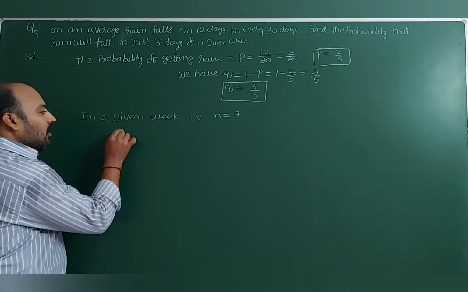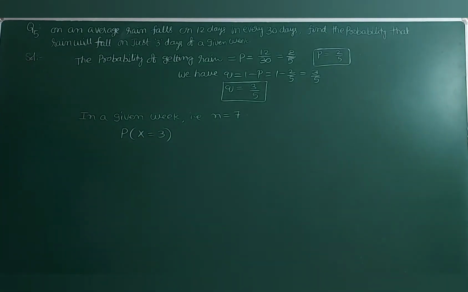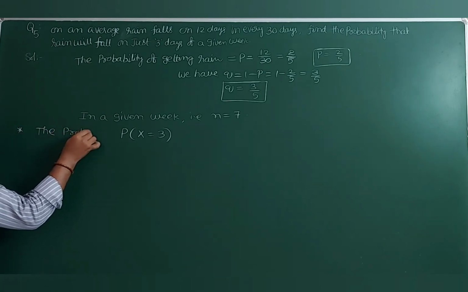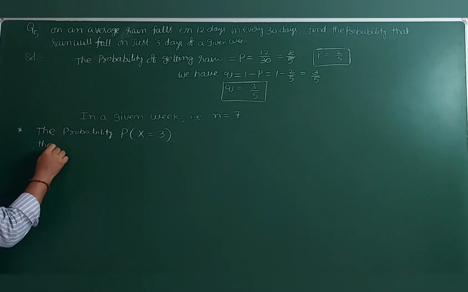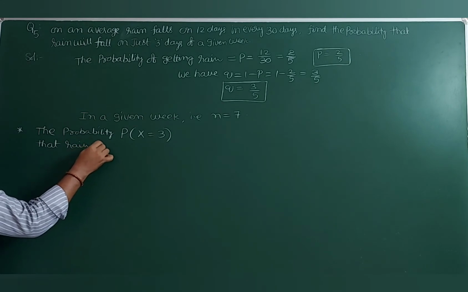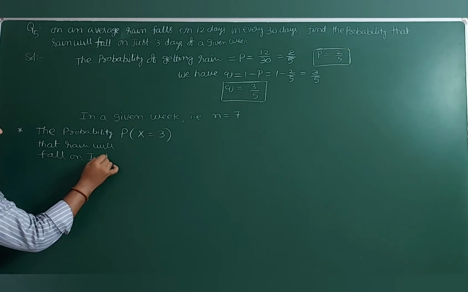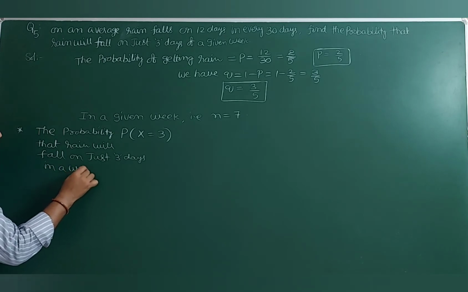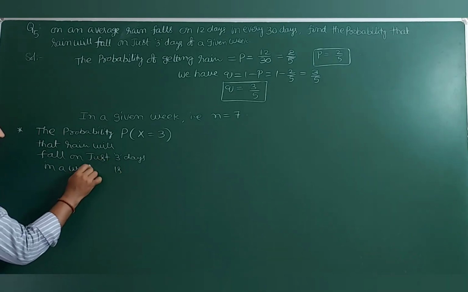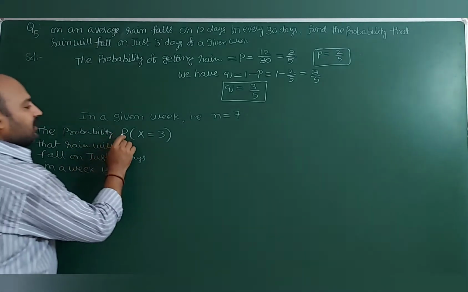So the probability that rain will fall on just 3 days in a week is P of x is equal to 3.